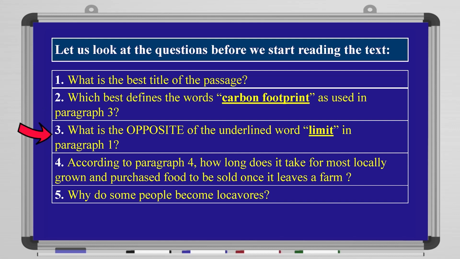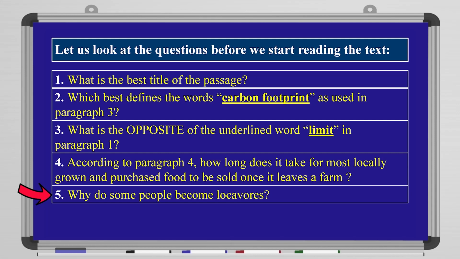Question number 3, what is the opposite of the underlined word limit in paragraph 1? And according to paragraph 4, how long does it take for most locally grown and purchased food to be sold once it leaves a farm? This question gives us some idea of what the text will be about. Could be about local food or farms and so on. Number 5, why do some people become locavores?